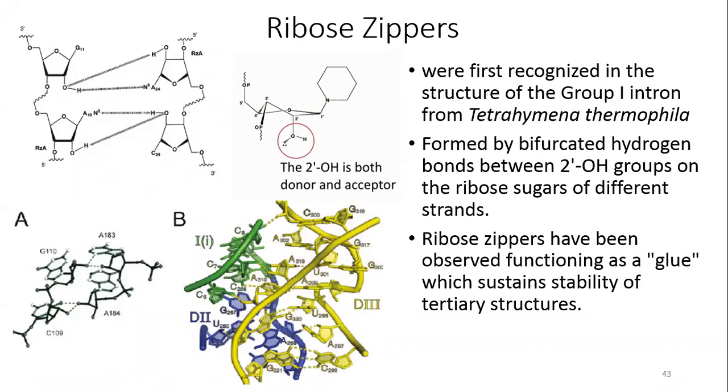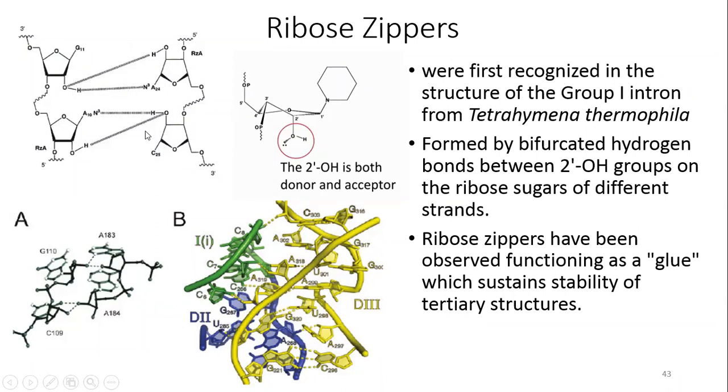Then another common type of tertiary structure is present in the form of ribose zippers. Okay, so the thing is that now we know that this OH group can form two hydrogen bonds. So in this way, such a kind of zipping type of arrangement was first found in group 1 intron from Tetrahymena thermophila.